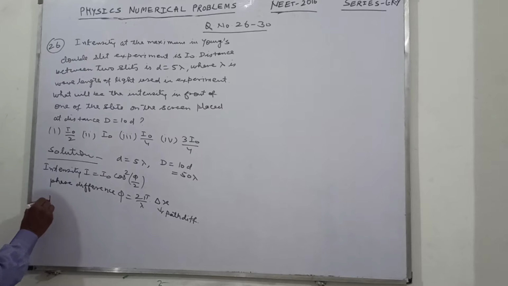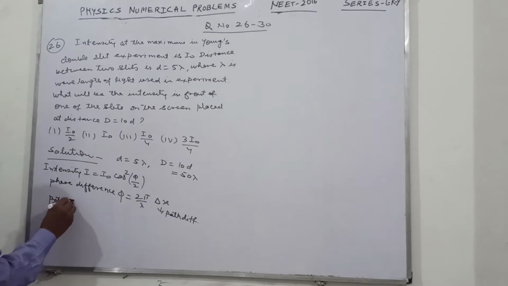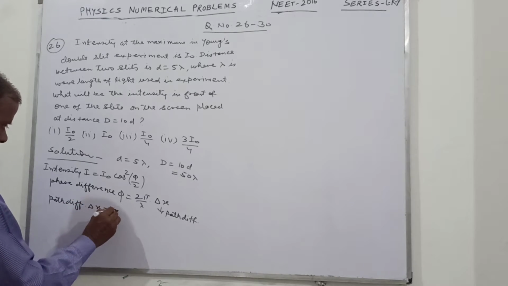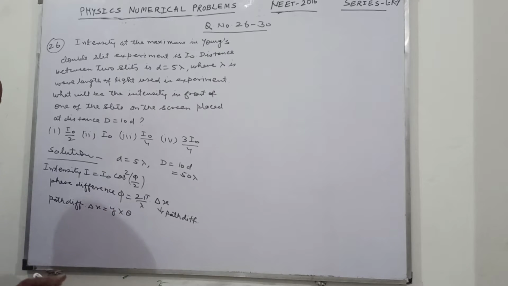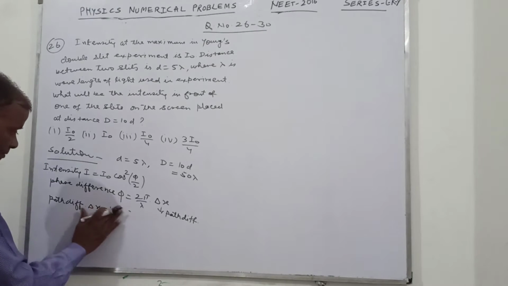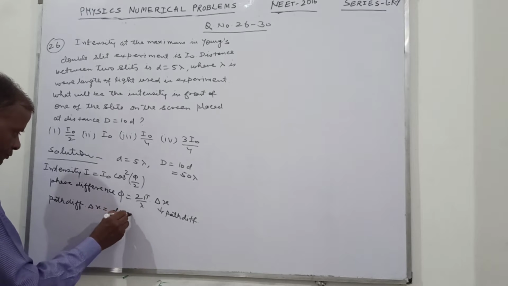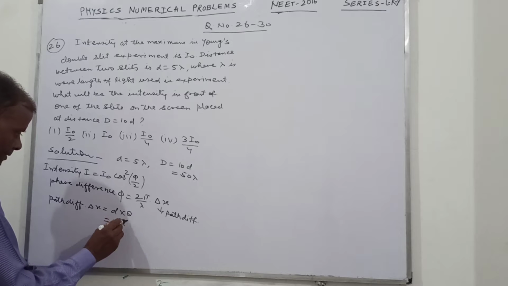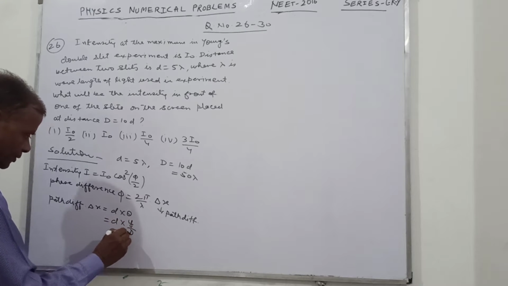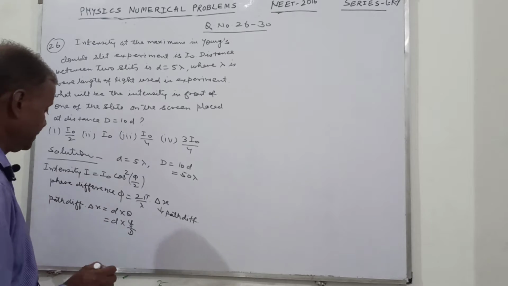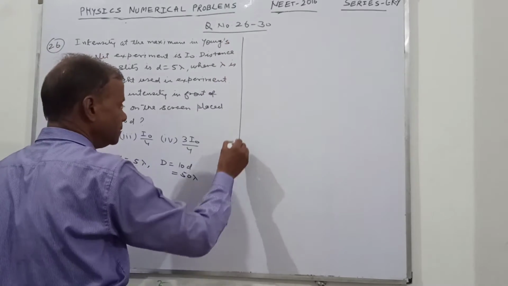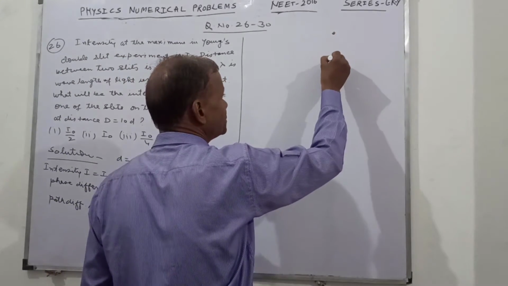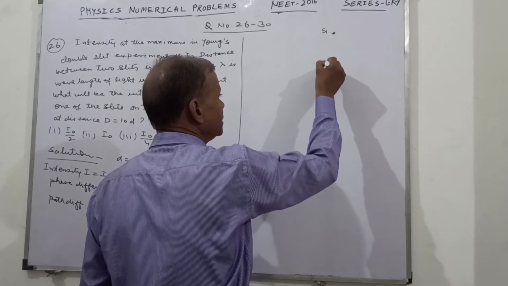So the path difference delta x is equal to d into theta, and theta is equal to y upon D. These are the slits S1 and S2.